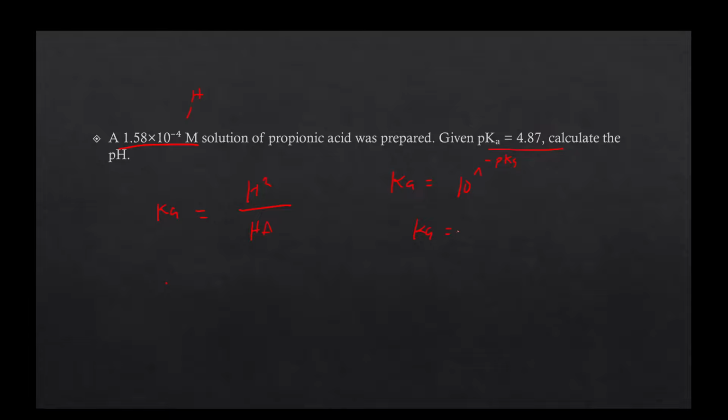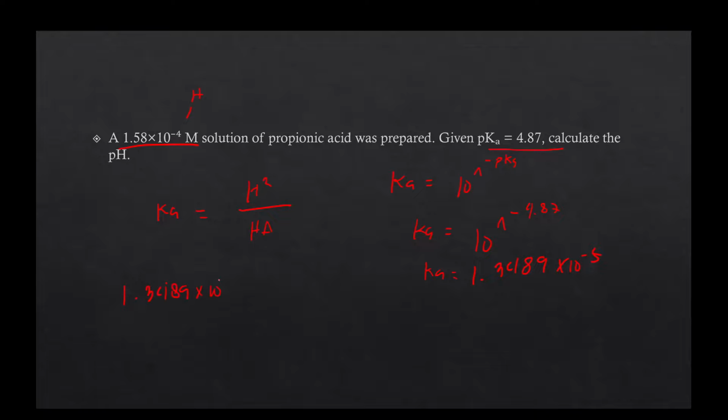So Ka equals 10 raised to negative 4.87. Ka is 1.3489 times 10 to the negative 5. So we have our details.